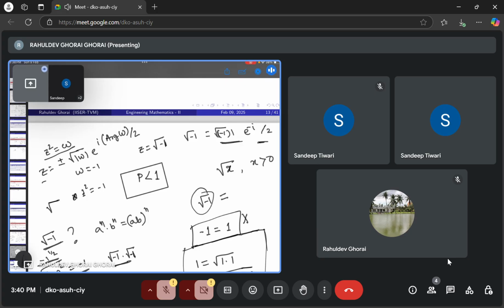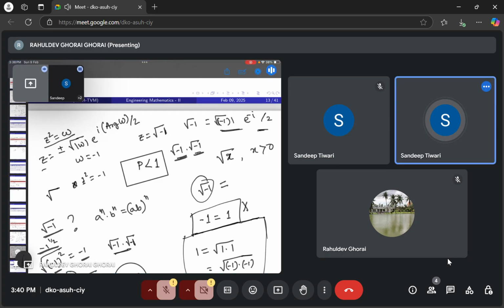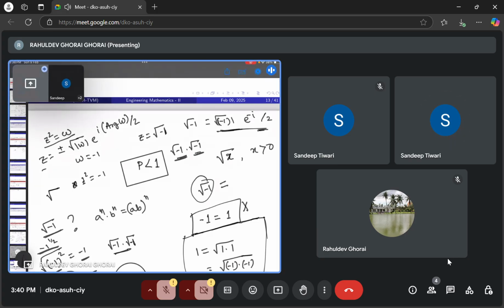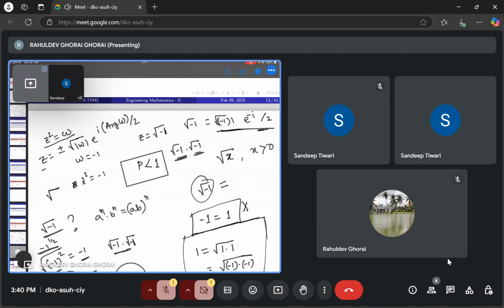It's not the minus 1 in the usual sense. When minus 1 times square root of minus 1, all these things you cannot do because these are not in the real sense. In the real sense you have to use this definition and then do it, right? Then you will not get the same thing.